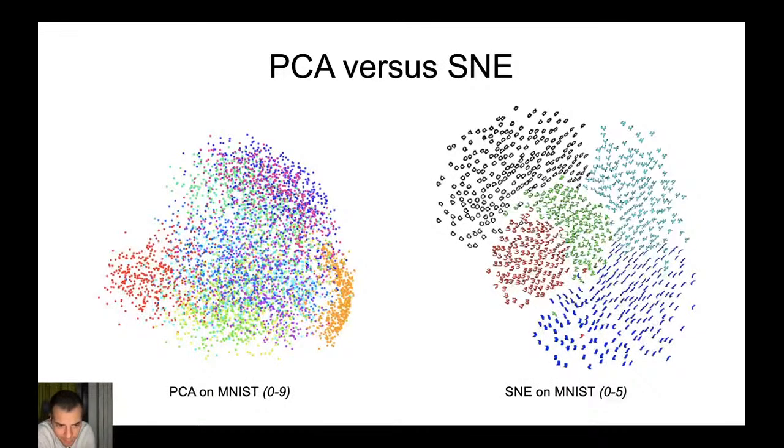So the clusters are more meaningful. There is still a problem: the approach gives us the result that we want, but it is not that efficient in terms of computation. So it's still hard to apply SNE on many data samples and on many classes.